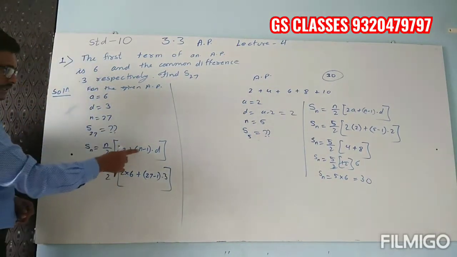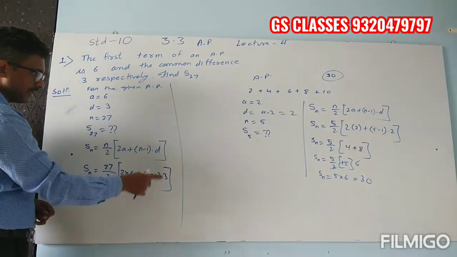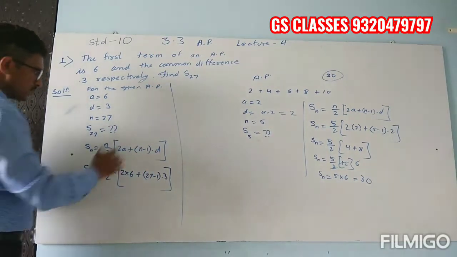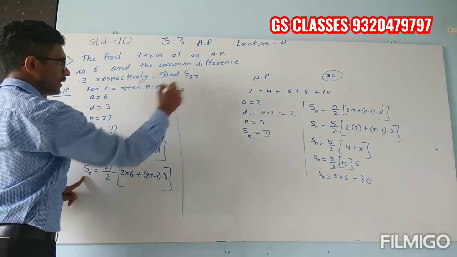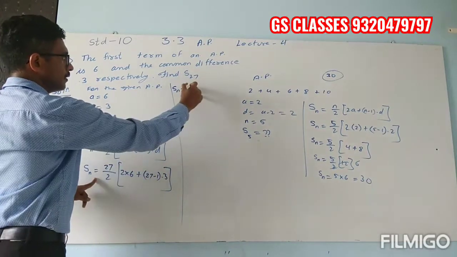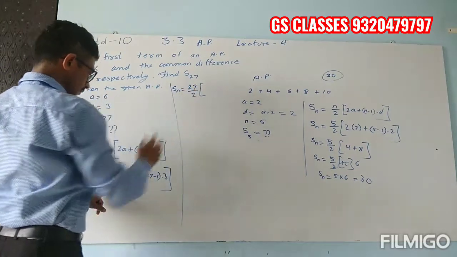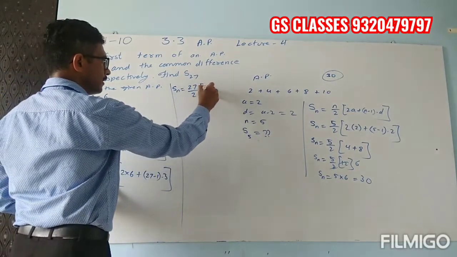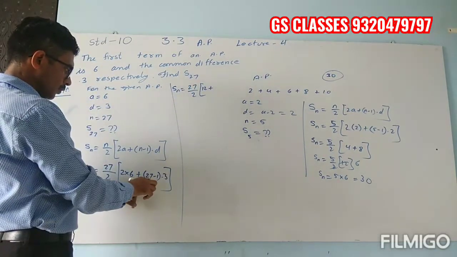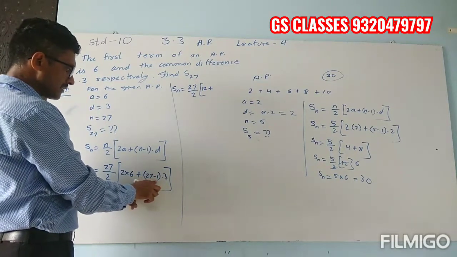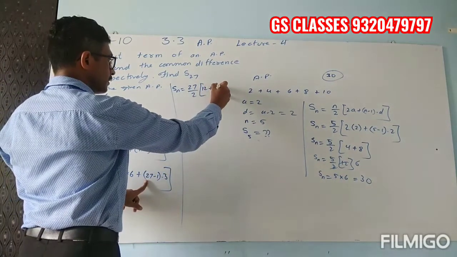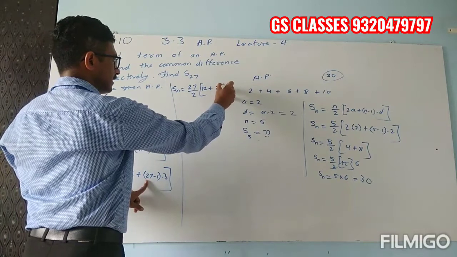A is 6, N is 27, D is 3. So Sn is now going to be 27 by 2, 2 sixes are 12, 27 minus 1 is 26, 26 into 3.